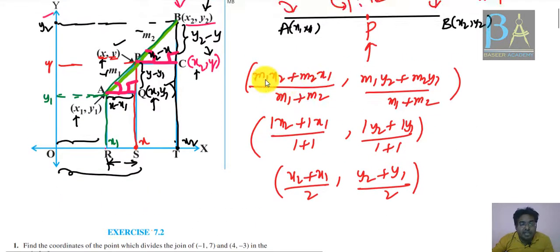So in place of m1 I wrote 1, and in place of m2 I wrote 1, and I ended up getting (x2 + x1)/2, (y2 + y1)/2.